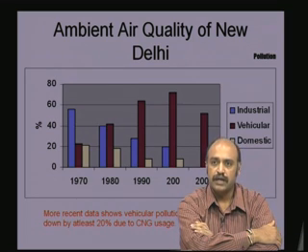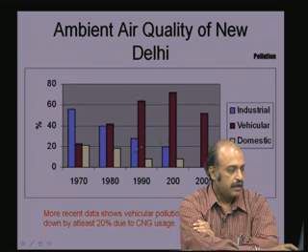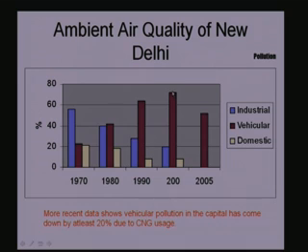The environment is a serious issue today. You see a lot of pollution. Way back in the 1970s, the vehicular pollution was somewhere here, and today in the 2000s, the vehicular pollution has actually increased and is the main contributor to the air quality.